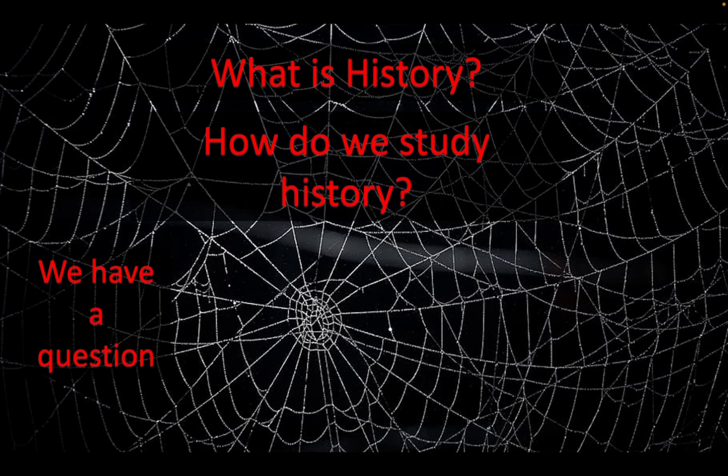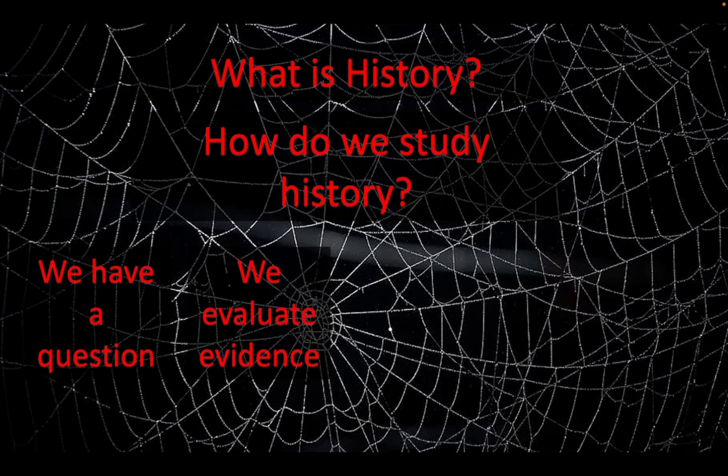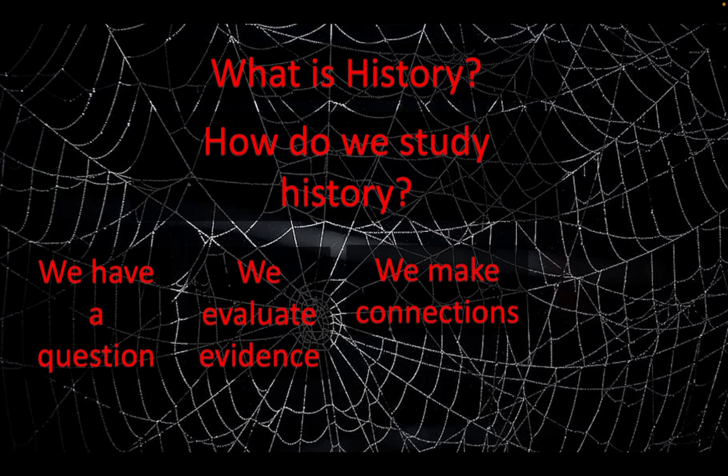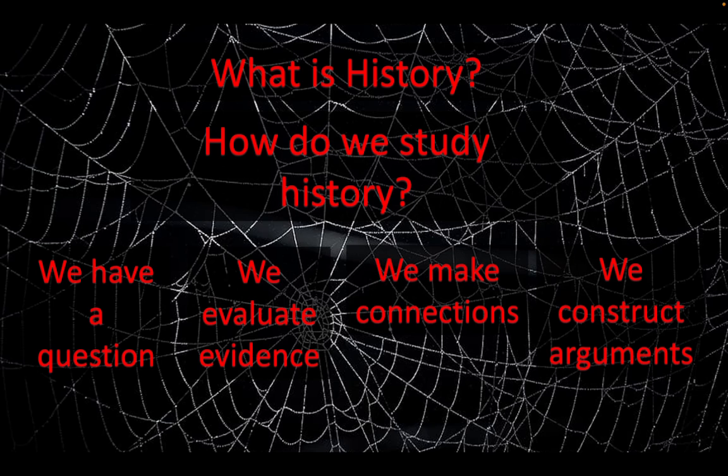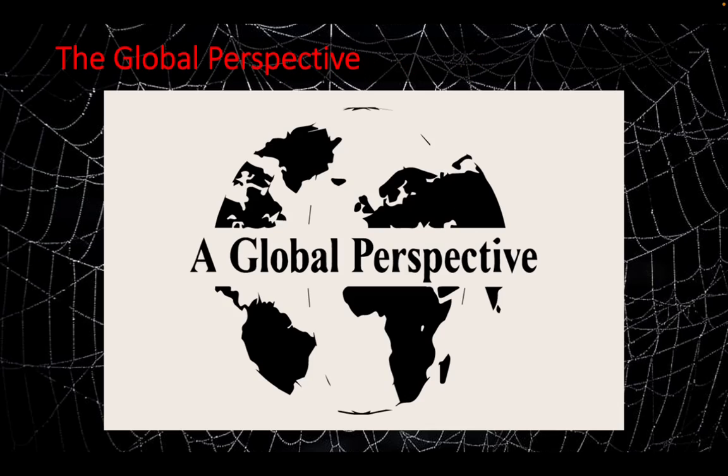We have a question. We evaluate evidence. We make connections. And finally, we construct arguments. So, specifically today, we're going to focus on constructing arguments using the information from the introduction in chapter 1 of the human web.